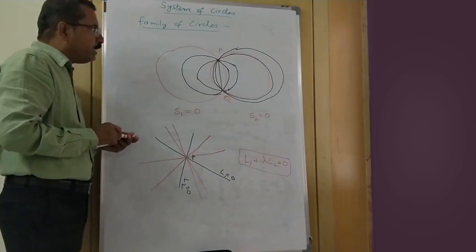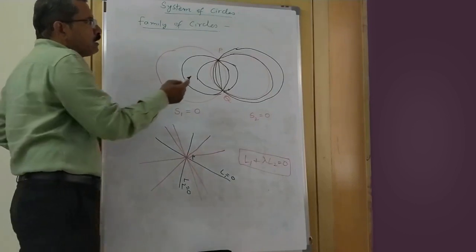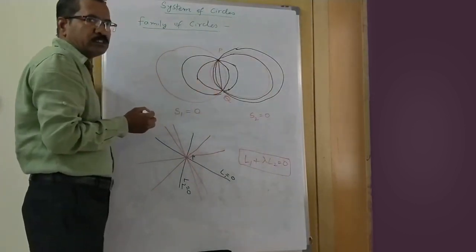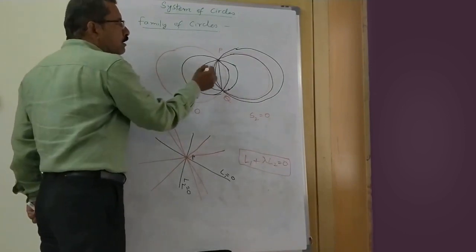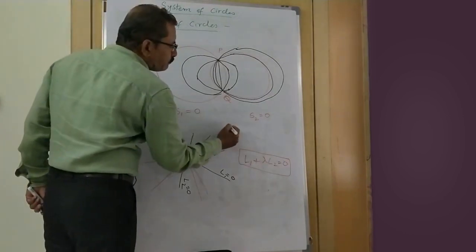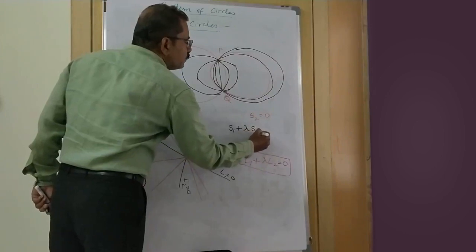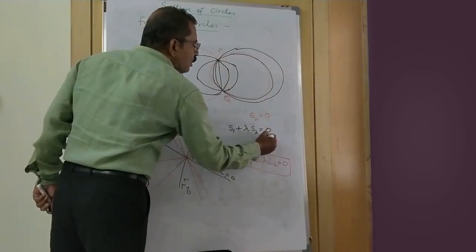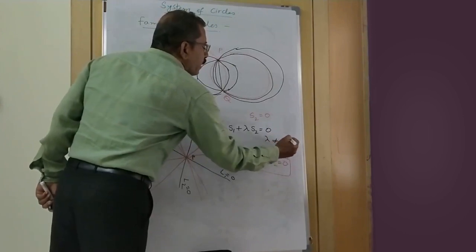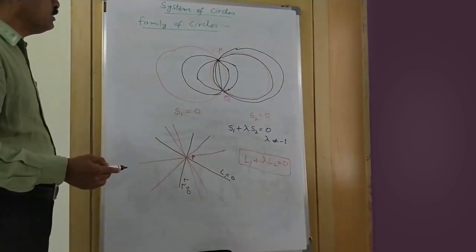Similarly, we can also draw any number of circles which pass through the two intersecting points of the circles. These are called the family of circles. Its equation is S1 + lambda S2 = 0, where lambda is not equal to minus 1.